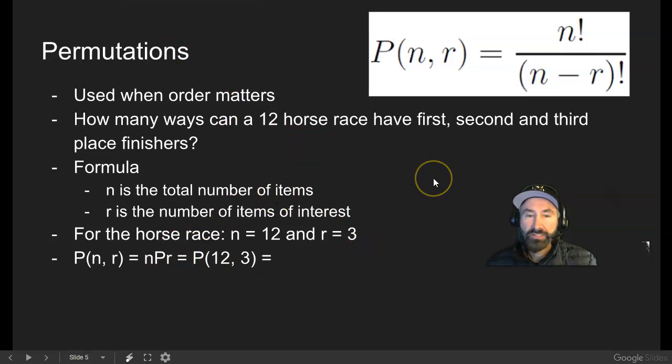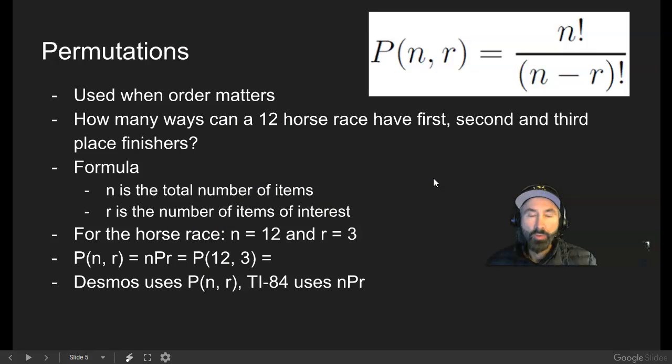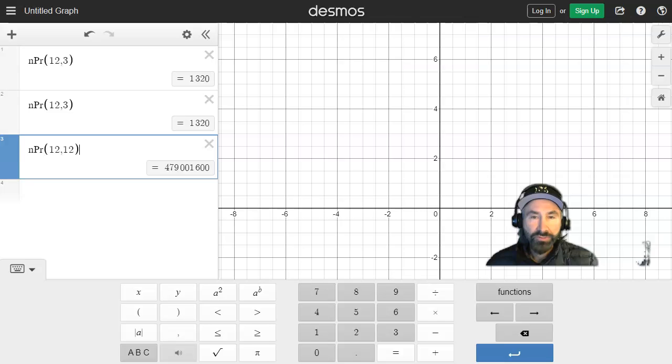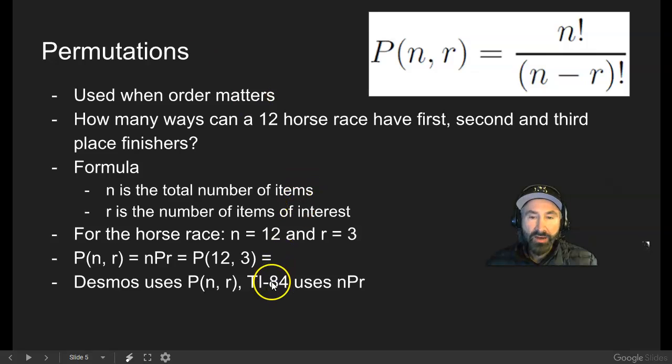Let's continue on. Oh, by the way, before we continue on, I would like to say that when you use Desmos, it's actually technically nPr. The TI-84 uses nPr also, but in a slightly different way.